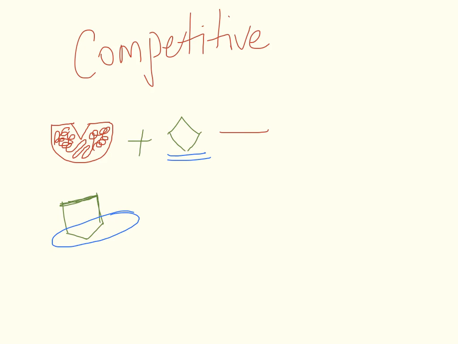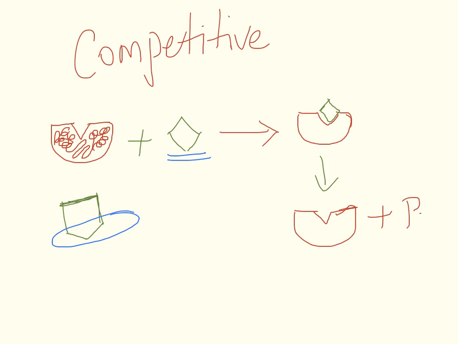So technically we expect our enzyme to go like this with the substrate, bind like this to form an enzyme substrate complex, and then eventually give us the enzyme that looks like this and some products.